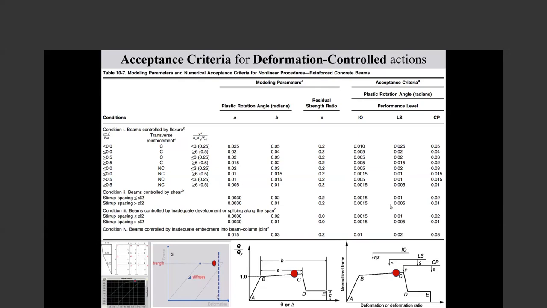Both for the new and for the existing buildings, there are many aspects to it.